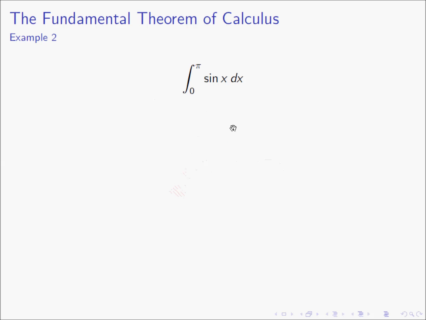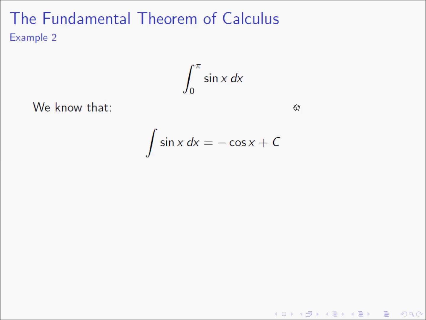Let's see another example. Here we have the definite integral from 0 to pi of sine of x dx. The first step is to calculate the indefinite integral of this function, and we know how to do that. The integral of sine of x is minus cosine of x plus c.